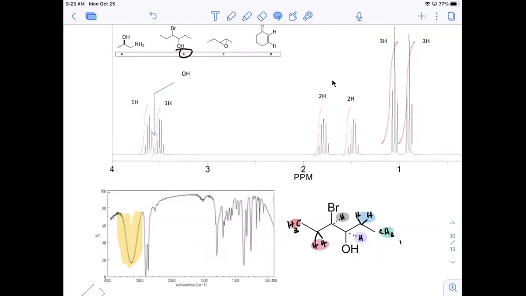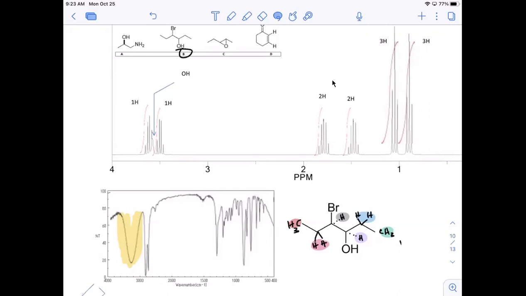So let's start with the methyl groups, right? Both of those methyl groups, where should they be and what should the signal be split into? You can see the integration, right? Downfield, you've got two signals that are integrating for 3 hydrogens each.